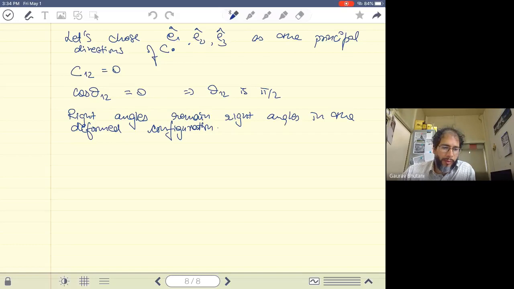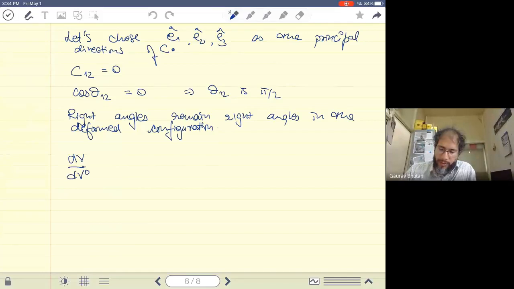Now I will leave it to you to show that the principal directions of C are the same as the principal directions of E. That is your Lagrangian finite strain tensor. It's very easy to show, so I'll not go into those details. Now the reason we are doing all this is to be able to write the dilatation. So that is dV divided by dV naught.